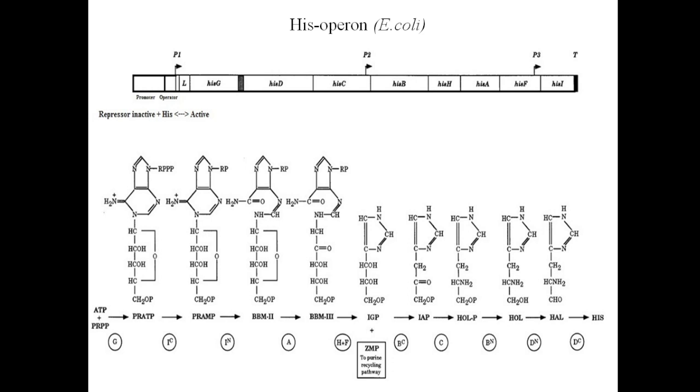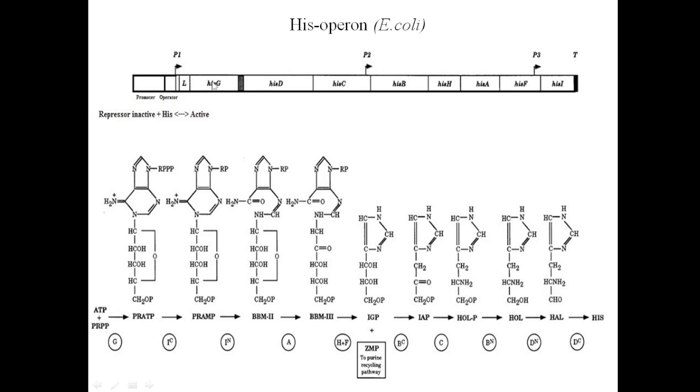Now you can see the enzymes which transform phosphoribosyl pyrophosphate into histidine. Phosphoribosyl pyrophosphate is a substance which appears from the pentose phosphate pathway. And gradual transformations lead to the synthesis of histidine.